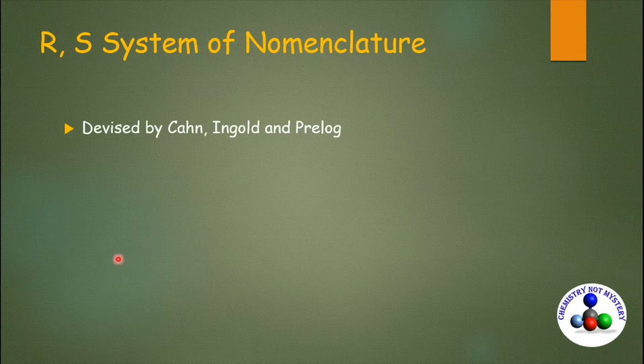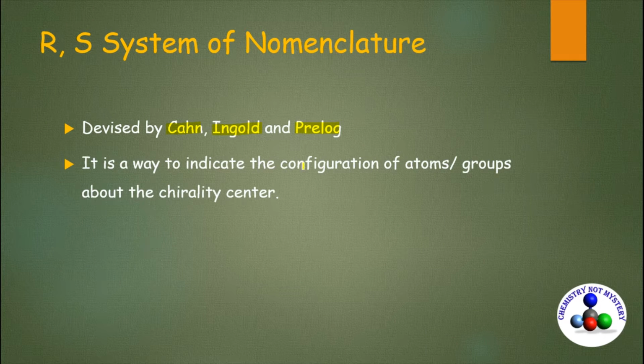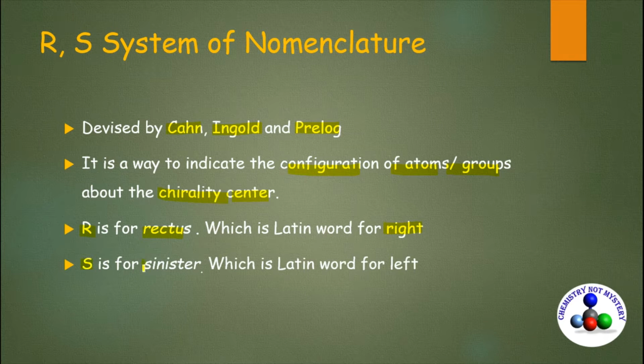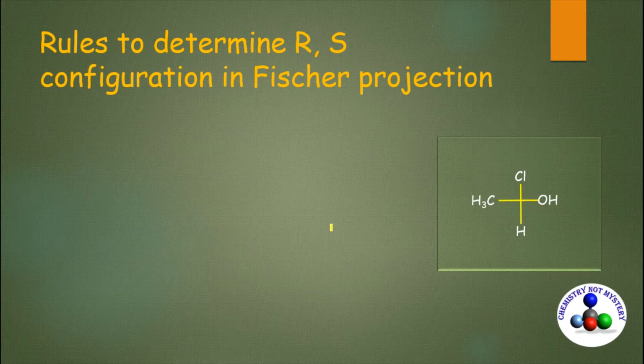RS system of nomenclature was given by a group of scientists named Kahn, Ingold and Prelog. It is a way to indicate the configuration of atoms or groups about the chirality center. Here R stands for rectus, which means right, and S stands for sinister, which means left.